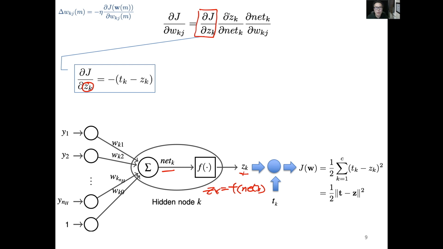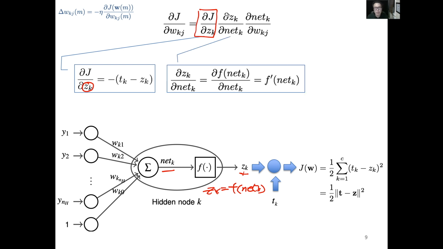So this term can be written as partial f of net-k with respect to net-k. Because at the moment we do not know this activation function, we are going to choose it to be differentiable. So I'm just using f prime to represent partial f partial net-k right here.